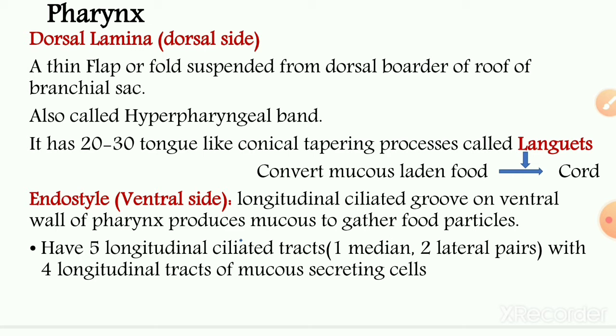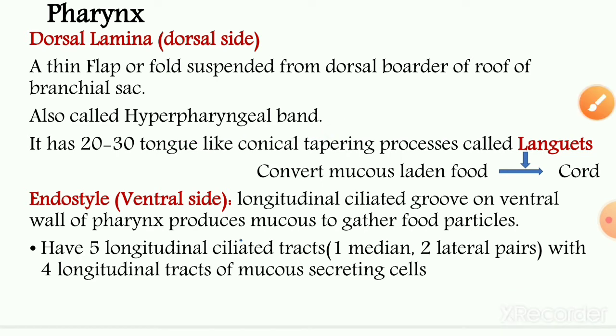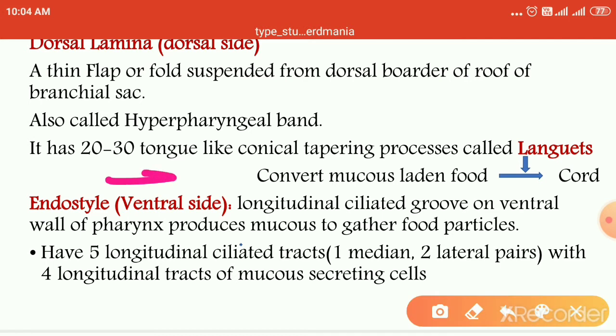It is also called the hyperpharyngeal band, and it has 20 to 30 tongue-like, conical processes.